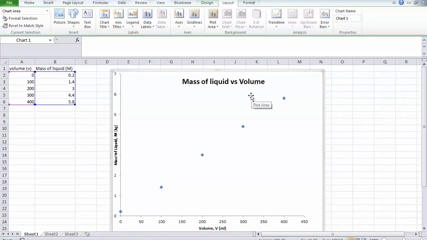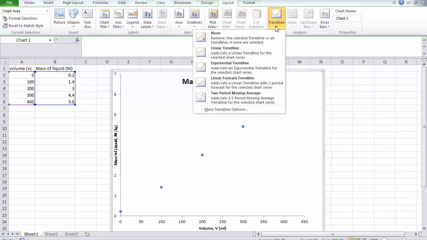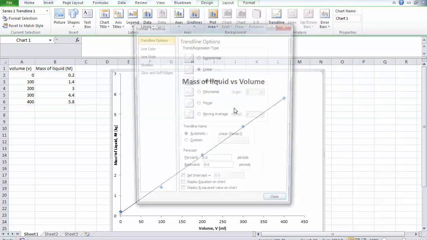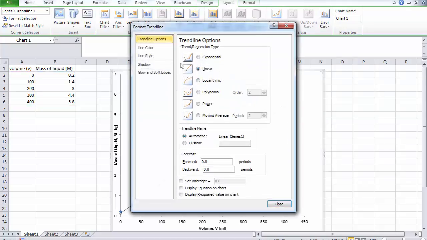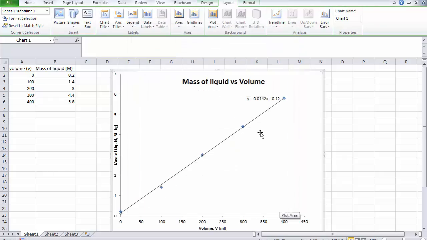Okay, so to do a trend line, you need to go chart tools, layout, trend line, more trend line options, and then you choose the linear, always choose the linear, and then sometimes we set intercept at 0, 0, but in this case we don't, because obviously it doesn't go through 0, 0. But here you need to click display equation on chart. Once you click that, close, and there you go, you get your nice equation, which you didn't have to do by hand, which is kind of nice.